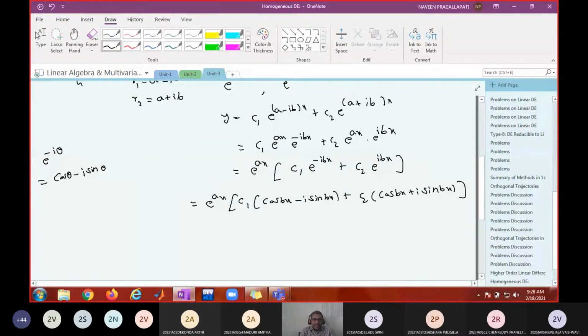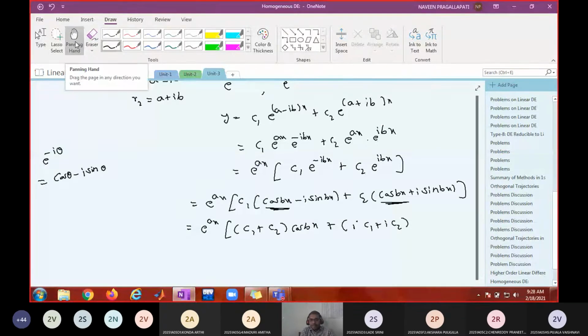If I take cos bx common, what do you get? C1 plus C2 into cos bx. Plus, if I take sin bx common, what do you get? I times C1 plus I times C2, that is, I times C2 sin bx.